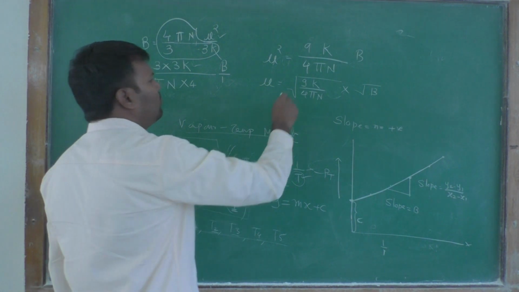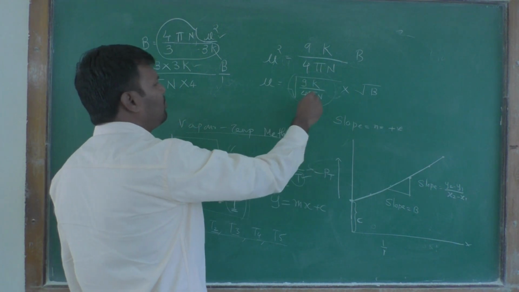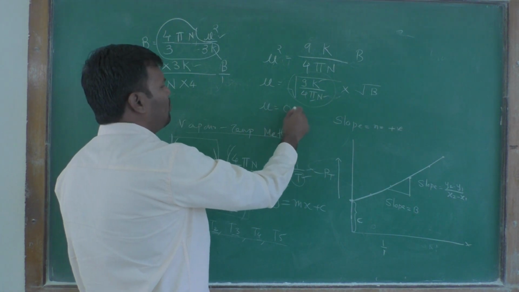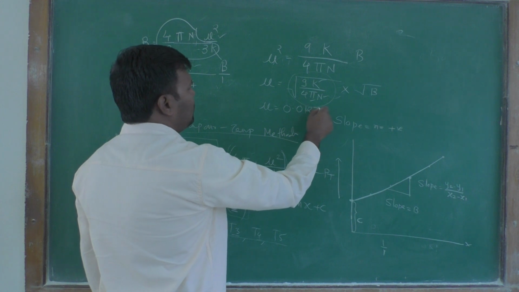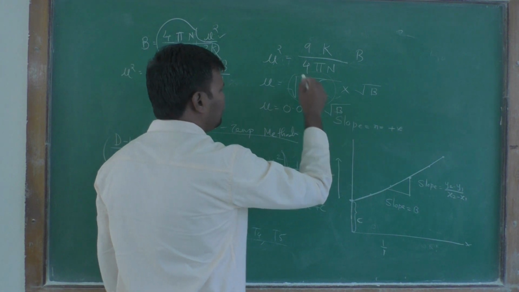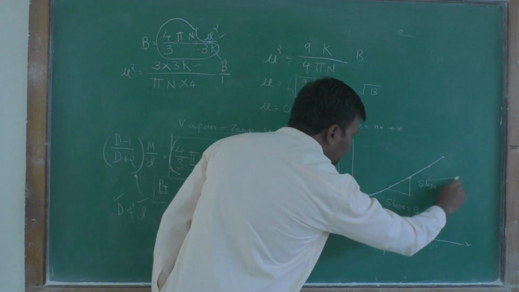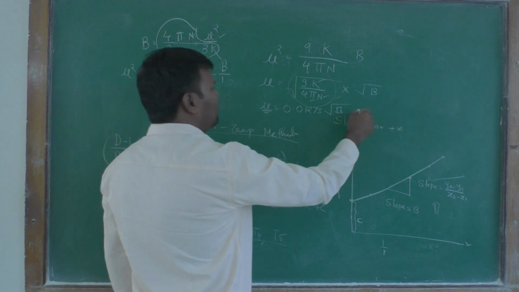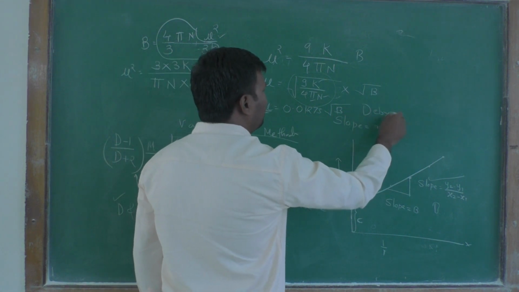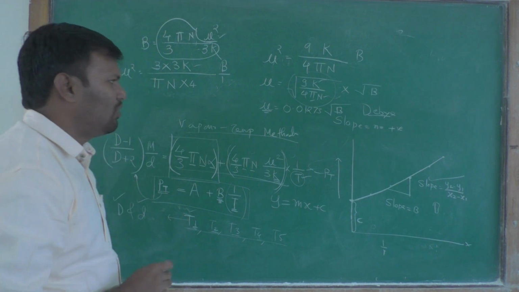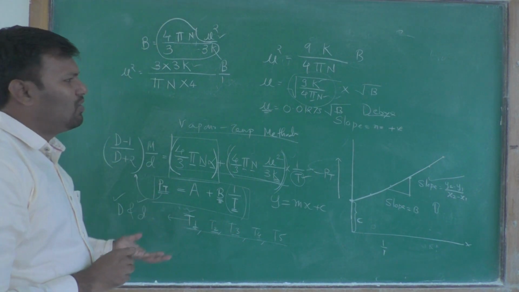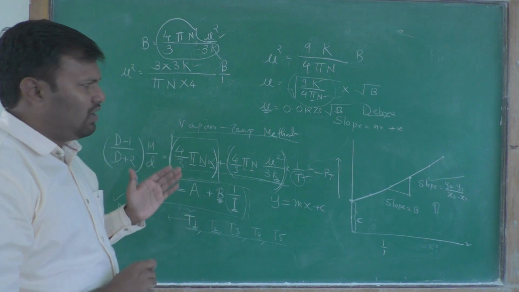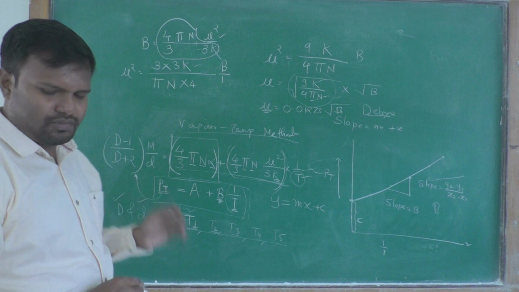Then when we put the Boltzmann constant, the Avogadro number and pi, it becomes equal to 0.01273 under root b. Therefore by using this we find out b. By putting this b, you will obtain the dipole moment in the form of debye. That is the first method. By using this method, we can find out the dipole moment.